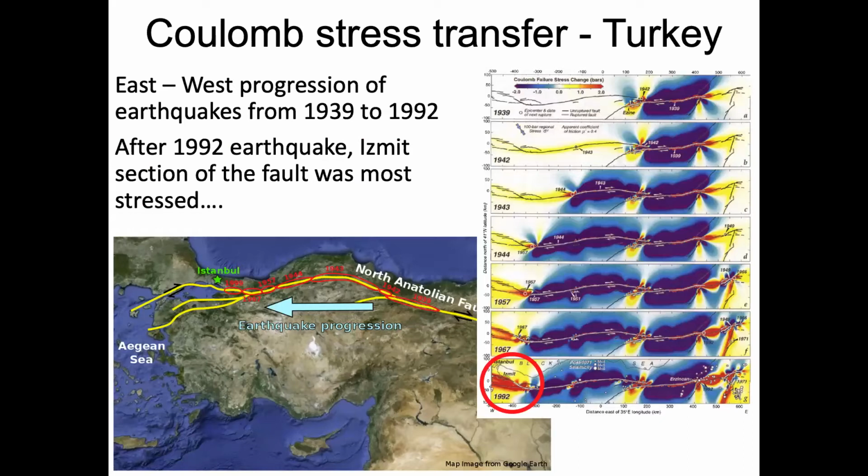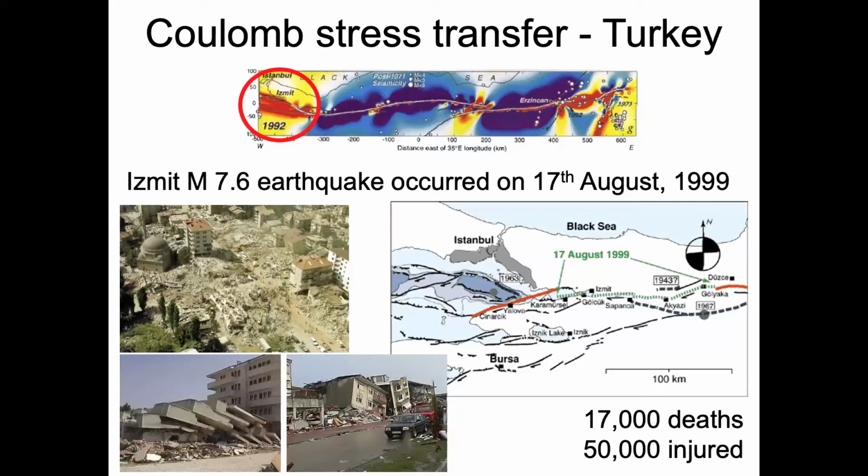The authors said that the next area to have an earthquake will be this bright red region, which is the area of Izmit. We don't know when it's going to happen, but this is going to be the area. And if you know anything about your earthquake history, in 1999 there indeed was an earthquake in the area of Izmit, which was exactly the location that was predicted.